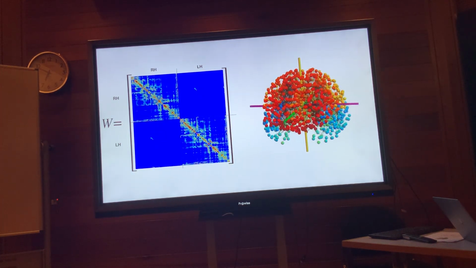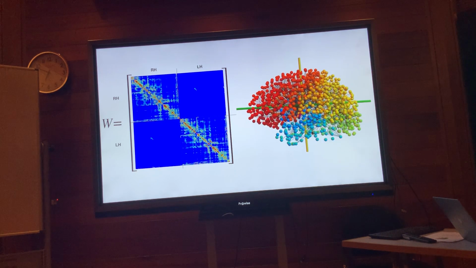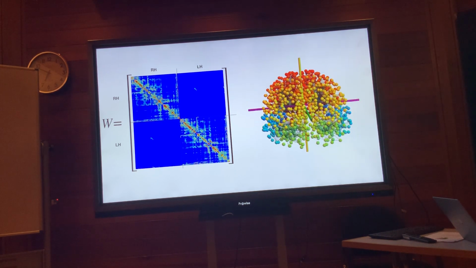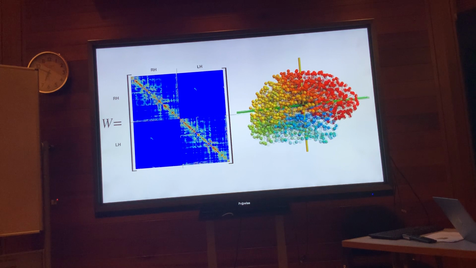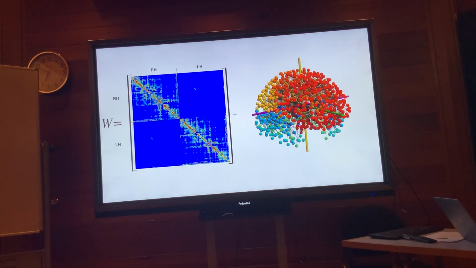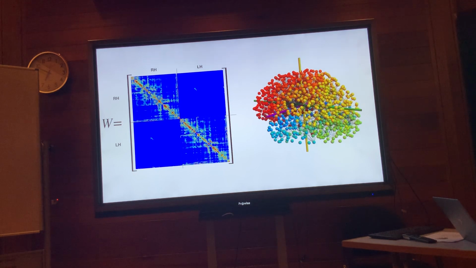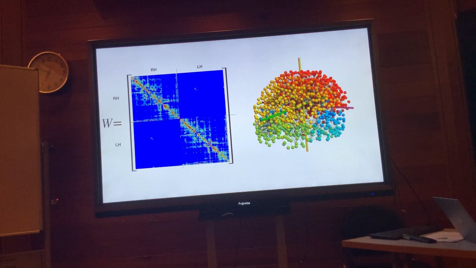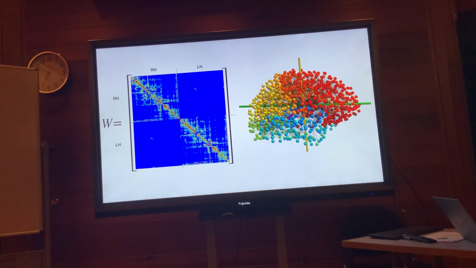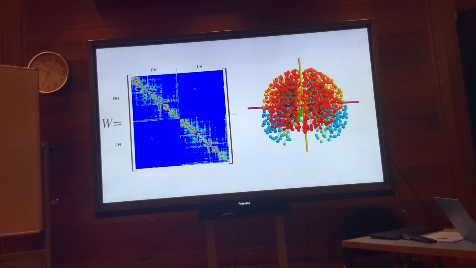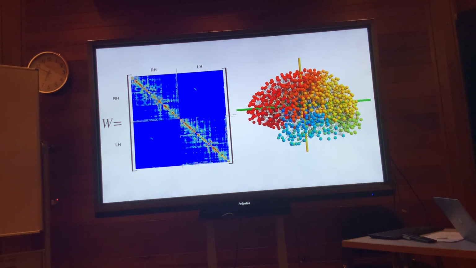Yes? How much does this vary between individual brains? So that's a very good question. That's why we do an average. If you take different patients, on average, the number of connections that you will find is 3,000 for each of these 400 brains, and this one is 70,000.